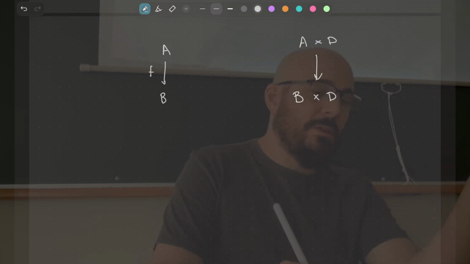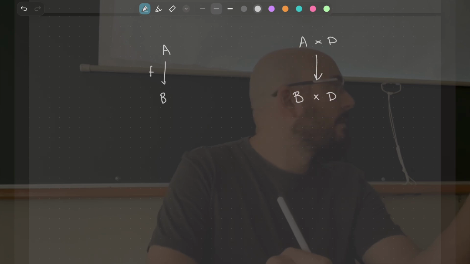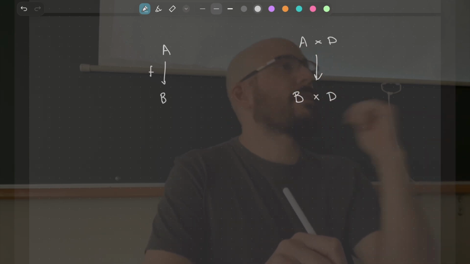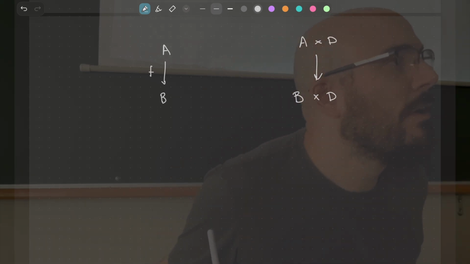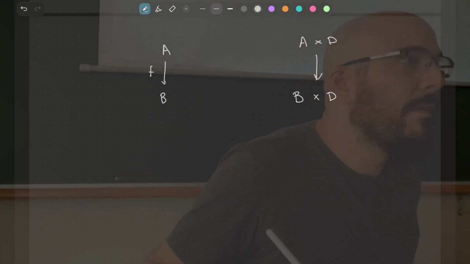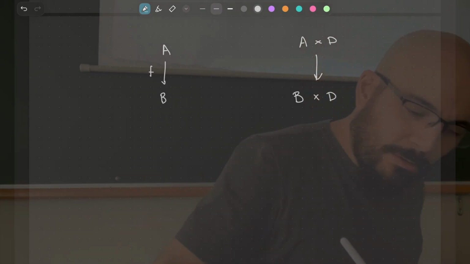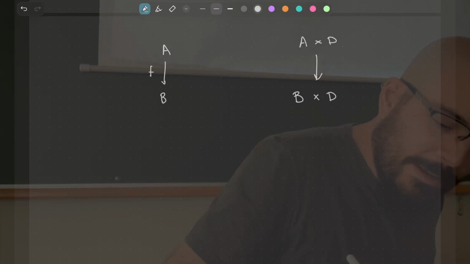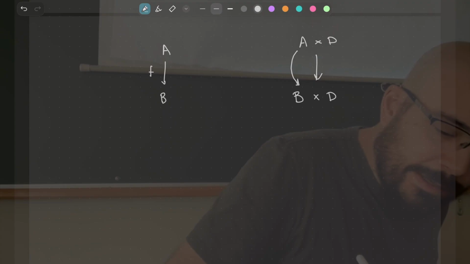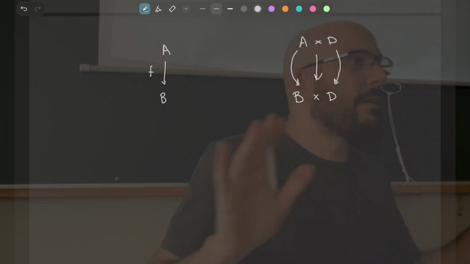Can somebody imagine which way I'm imagining? Yes? Okay, so this function here, exactly, would consult f on this part, and here it will leave d the way it is, right?